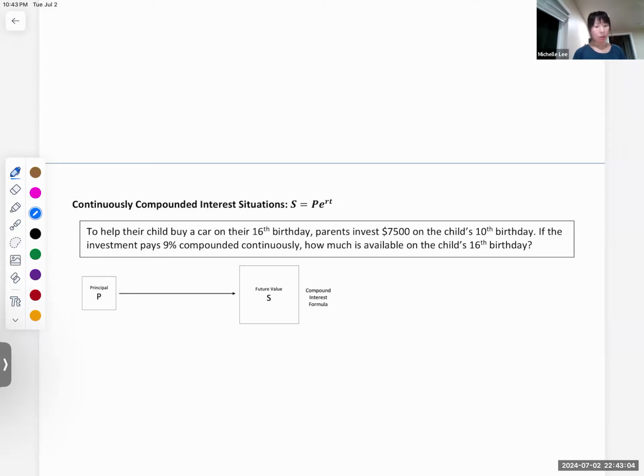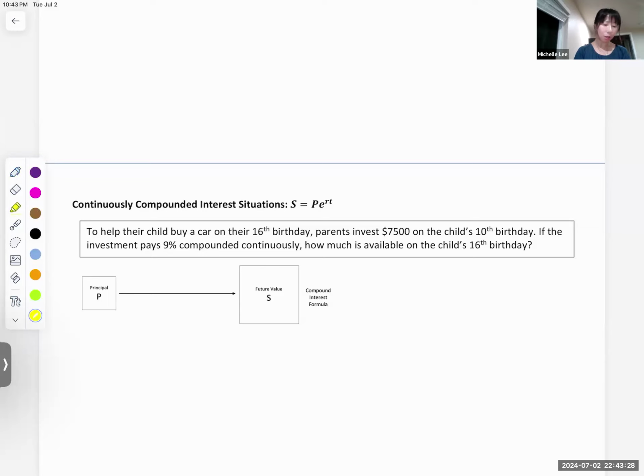To help their child buy a car on their 16th birthday, parents invest $7,500 on the child's 10th birthday if the investment pays 9% compounded continuously.